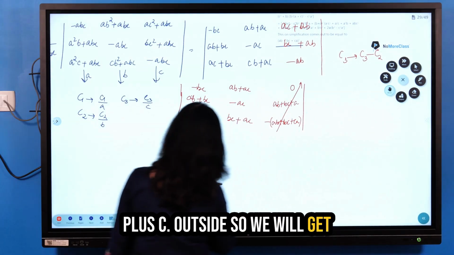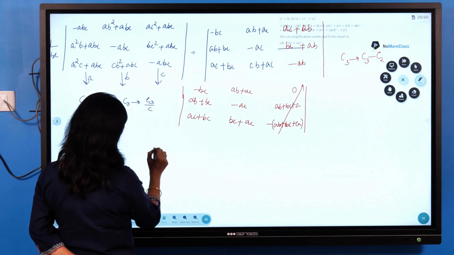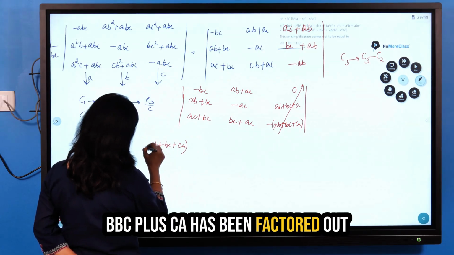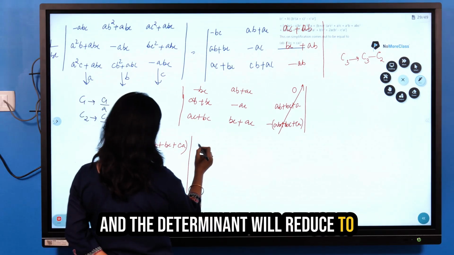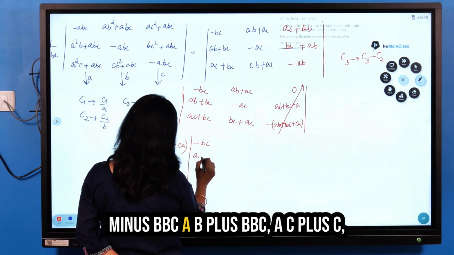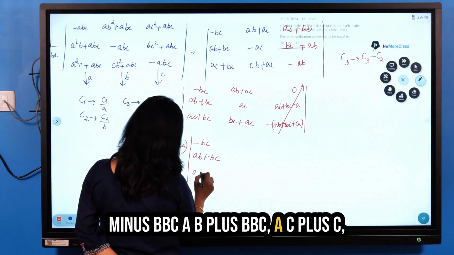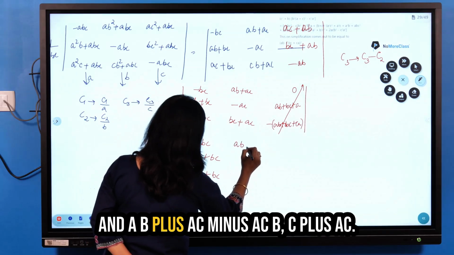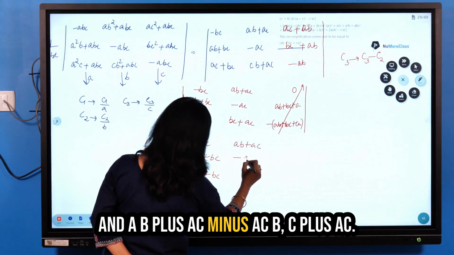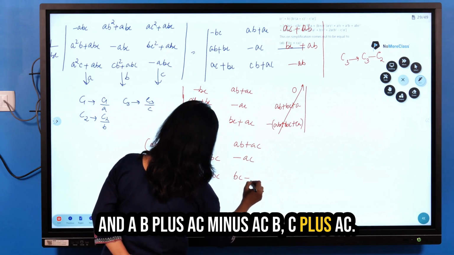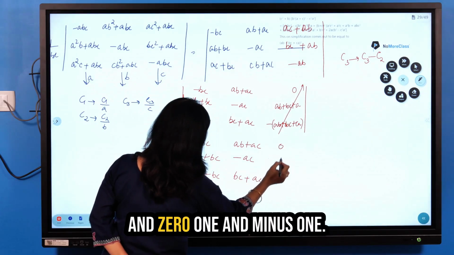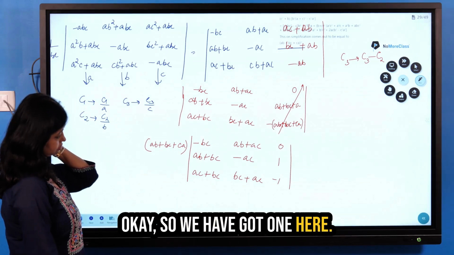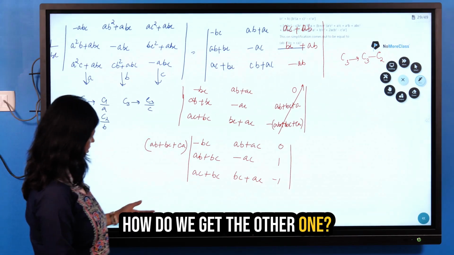So we will get AB plus BC plus CA factored out, and the determinant will reduce to minus BC, AB plus BC, AC plus BC, and AB plus AC minus AC, BC plus AC, and 0, 1, and minus 1. Okay. So we have got 1 here. How do we get the other one?